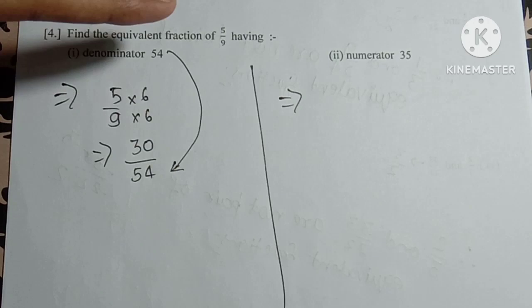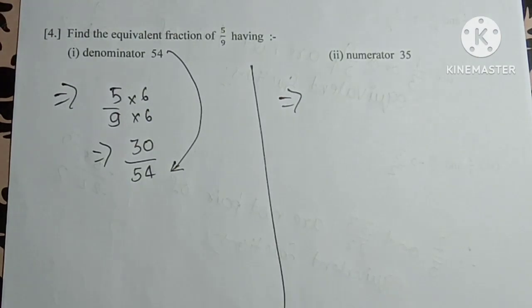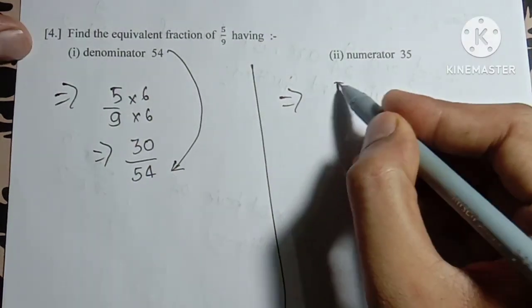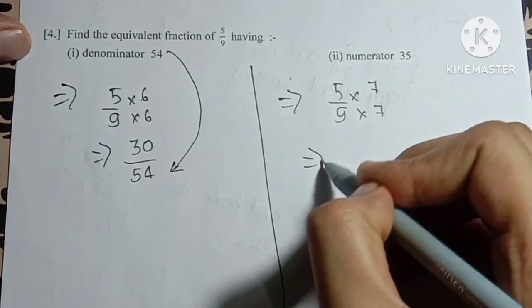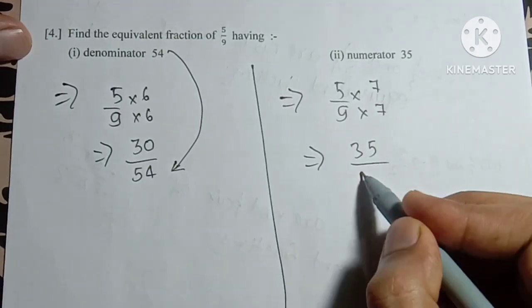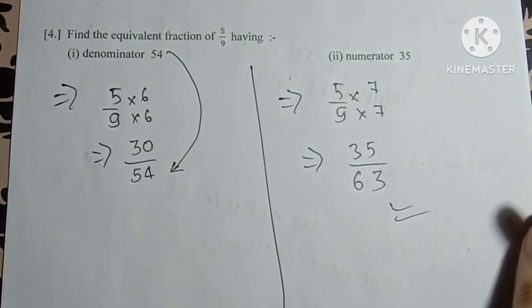To do so, we have to scan the table of 5. How many times in the 5 table will we yield 35? You will see that 5 times 7 gives 35. So we will have to multiply both numerator and denominator by 7. On doing so, what will we get? 35 by 63. That is the answer.